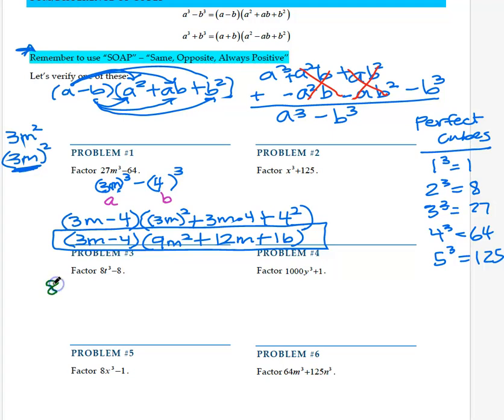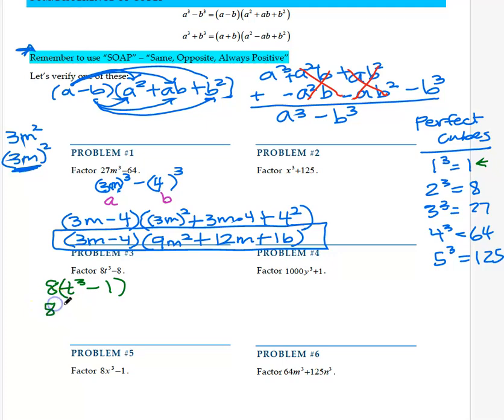If I factor that out, I'm left with t cubed minus 1. And remember, 1 is a perfect cube. That's probably the one people forget about, because 1 times 1 times 1 is just 1. So this time when I'm looking at this, I have this 8 in front, and it's going to be part of my answer, but it's not going to be part of the a's and b's that I'm dealing with.